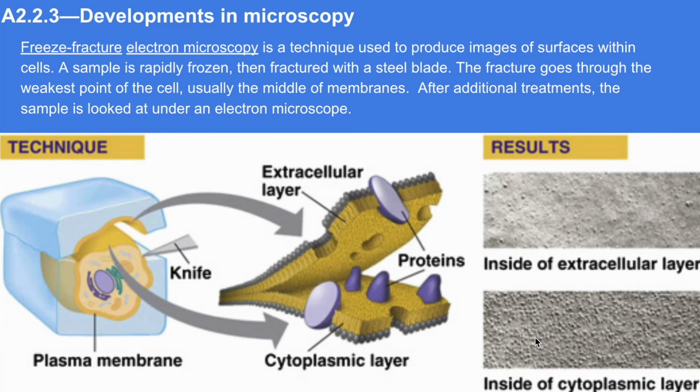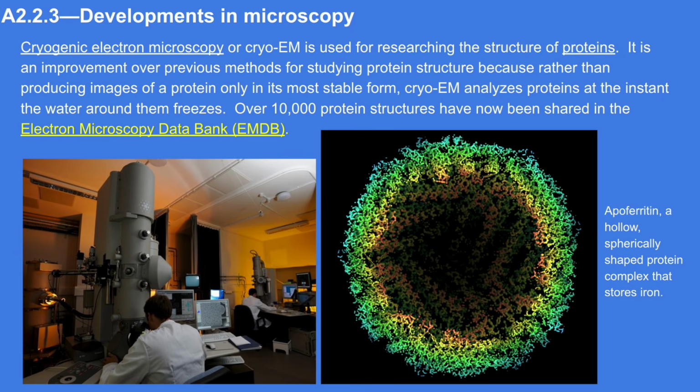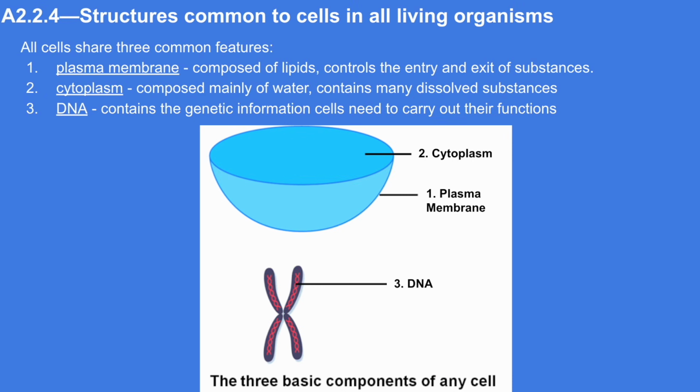Originally, scientists thought that maybe there was a protein coat on the outside of a cell, and instead this allowed us to see that the membrane structure has globular proteins. Okay, cryogenic electron microscopy is used for researching the structure of proteins.